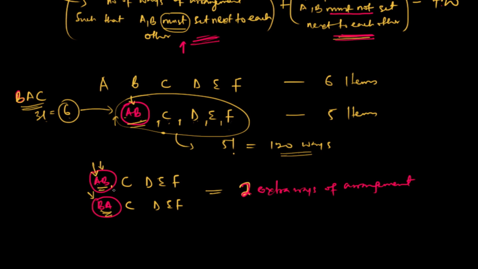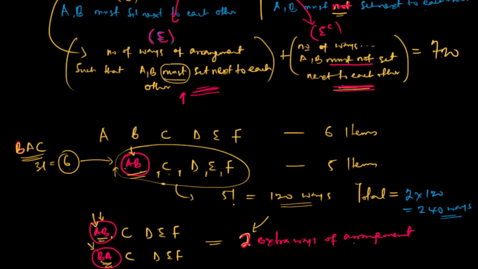Since A can either be here or B can either be here, for each of the 120 ways of arrangement, you would also have 2 extra ways of arrangement. So the total number of arrangements is going to be 2 times 120, which will be 240 ways. That's the total number of arrangements if A, B must sit next to each other.